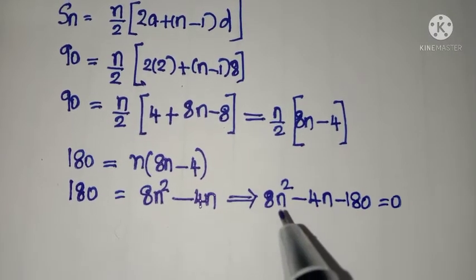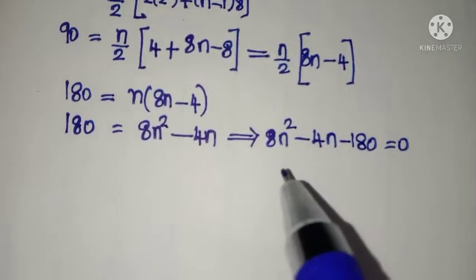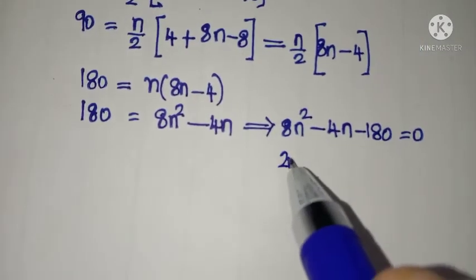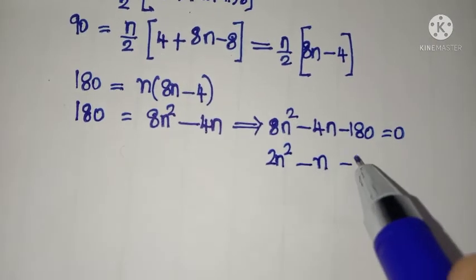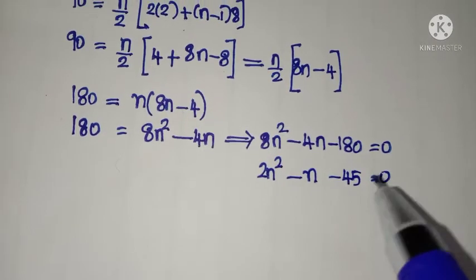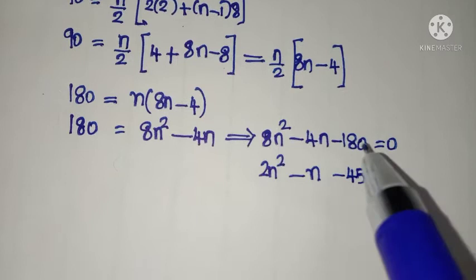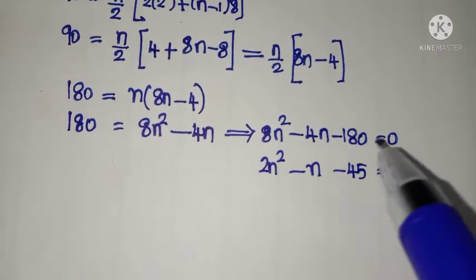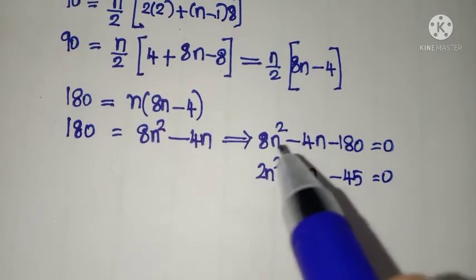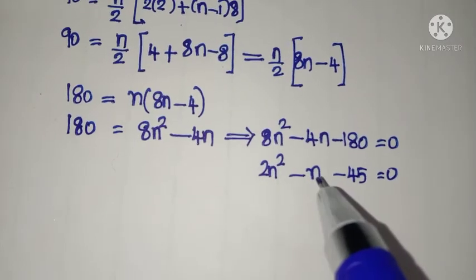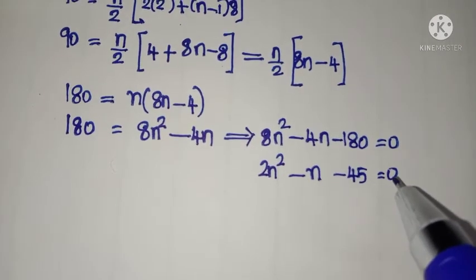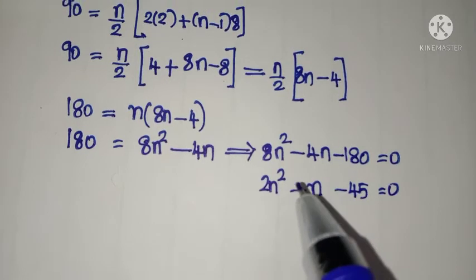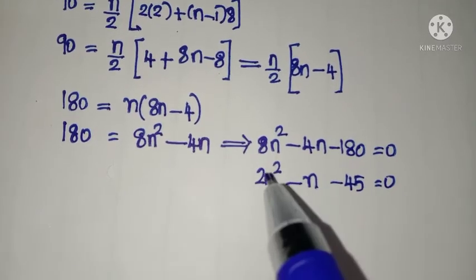Now we can consider this equation as 2n square minus n minus 45 equal to 0, because all the terms carry 4 as a common factor. So after cancelling 4, we get 2n square minus n minus 45 equal to 0. Now this is a quadratic equation in n.